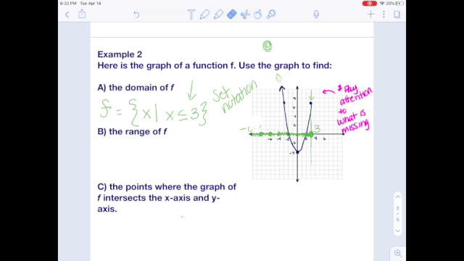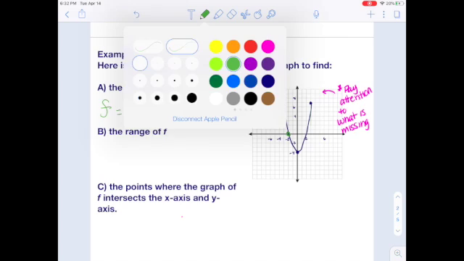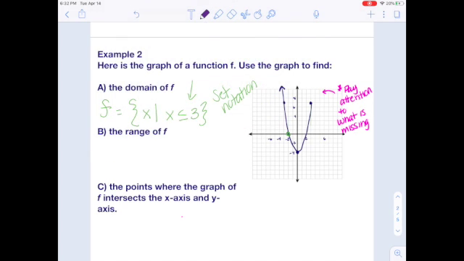Now for our range, let me erase all that green. Okay, I think I've got just about it all. Oh, nope. Okay, I'll leave that one there. For our range, we need to look at all of our possible y values. So you'll see this y value of 8 is defined over here.